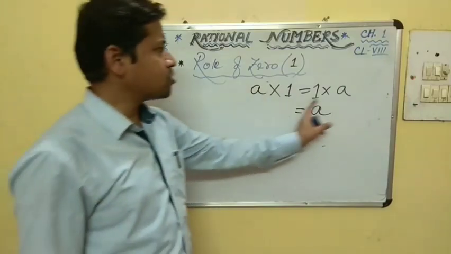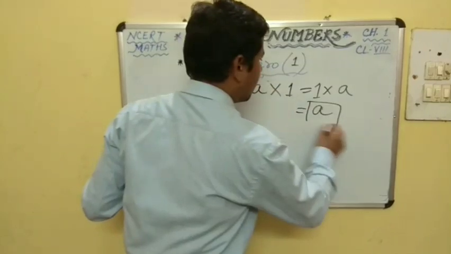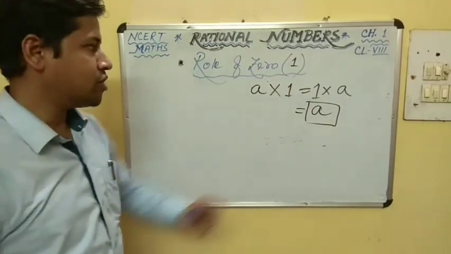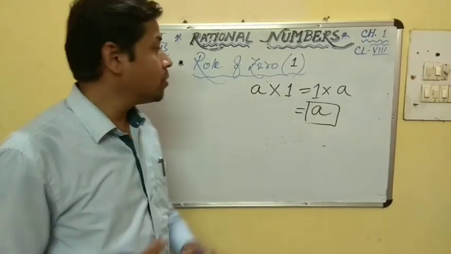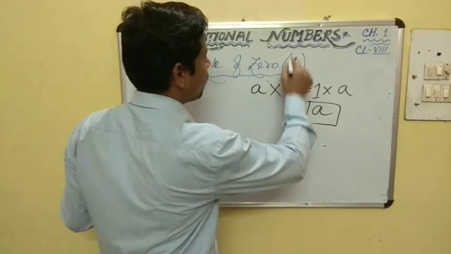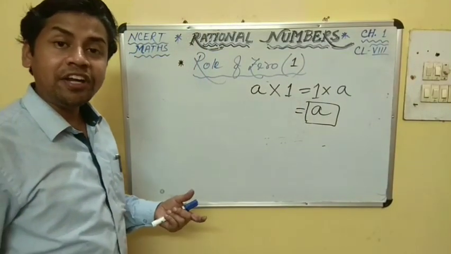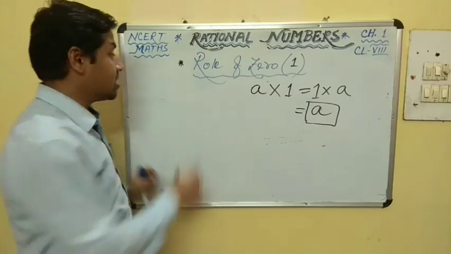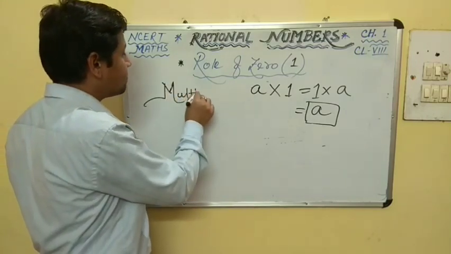Then a into 1 equals 1 into a equals a. The result remains unchanged. The number is not changing its value. So in this case, we say that 1 is the identity element. Which type of identity? Multiplicative identity. So we say that 1 is the multiplicative identity.